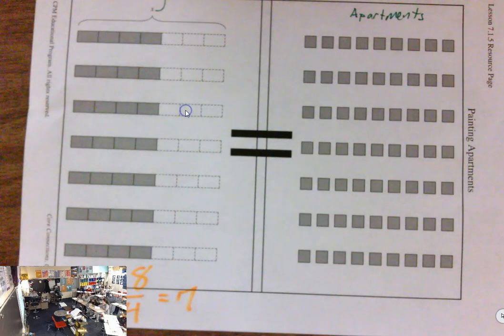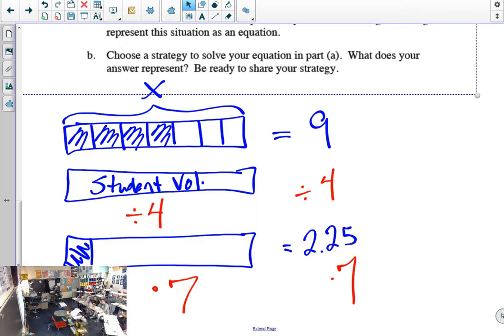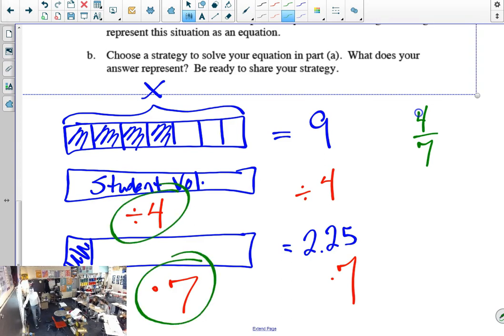Now, all of that is to really tell you, multiply by the reciprocal. What's the reciprocal of 4 sevenths? Yeah, 7 fourths, right? So if I start with 4 sevenths, I want to multiply by 7 and divide by 4 by doing times 7/4.